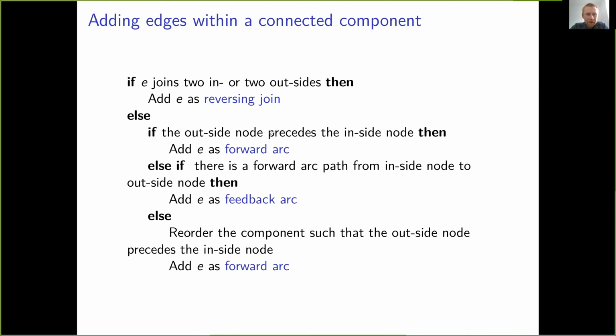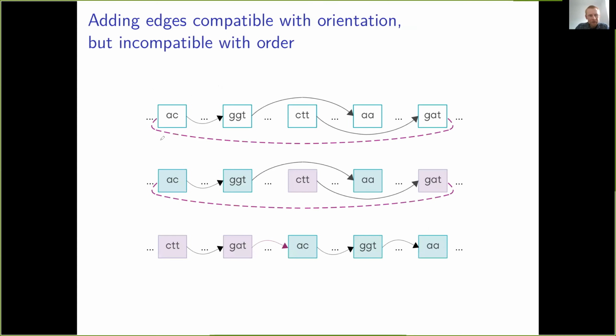And if neither of these conditions is satisfied, it means that the edge joins an outside with an inside, but the inside node precedes the outside node, like in this picture.